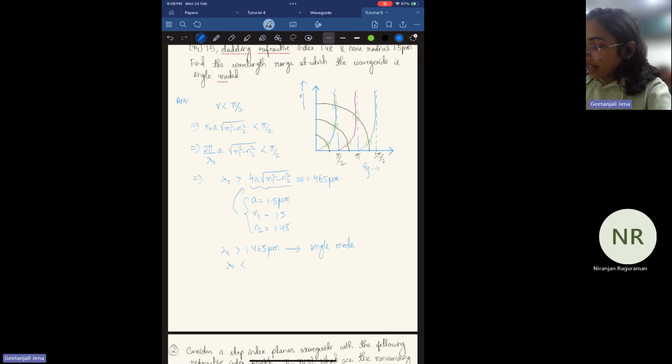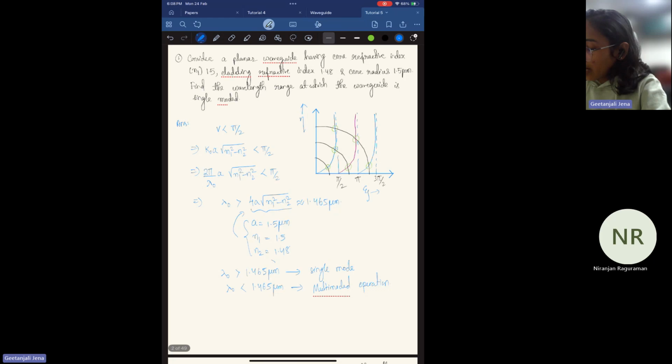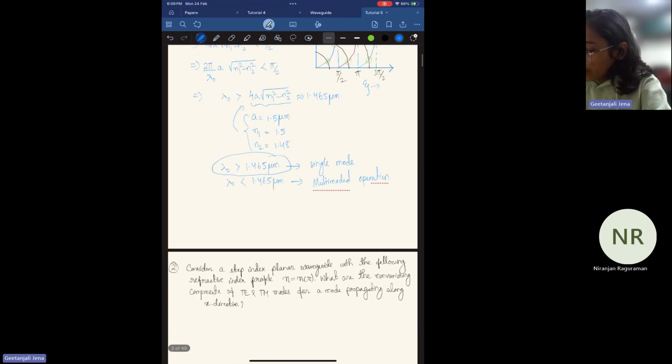And when the wavelength is less than 1.465 micrometer, the number of modes supported by the structure will increase, so it will be multimoded operation. So the answer is lambda 0 must be greater than 1.465 micrometers. Let us move to our next problem.